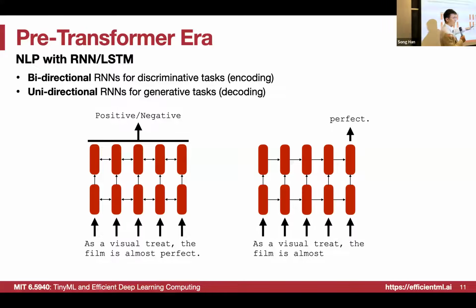And for generative tasks, when generating a new word, you can only see the previous words, but you cannot see the future words. Therefore, you can only have one direction of the hidden state, right? So here, the hidden state only depends on the current input and also the previous hidden state. Well, here, one hidden state depends not only on the previous hidden state, but also the next hidden state.